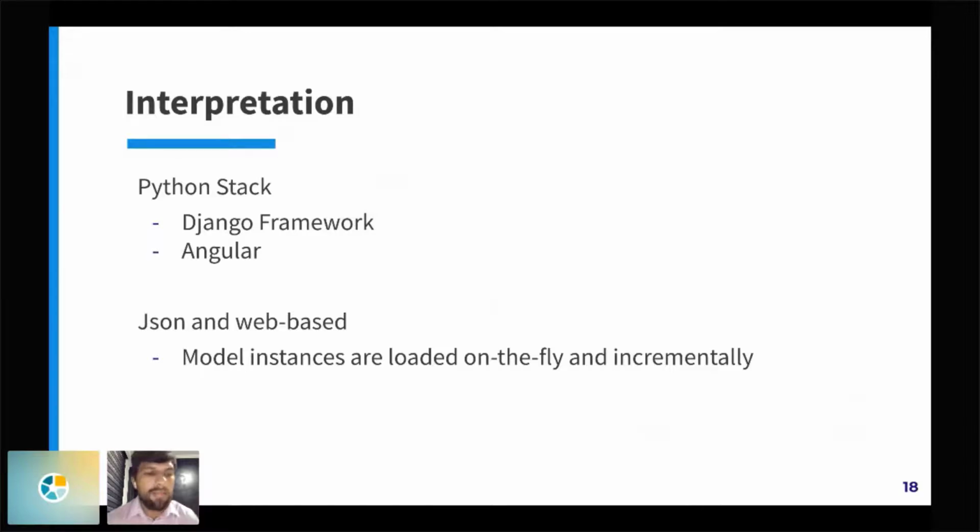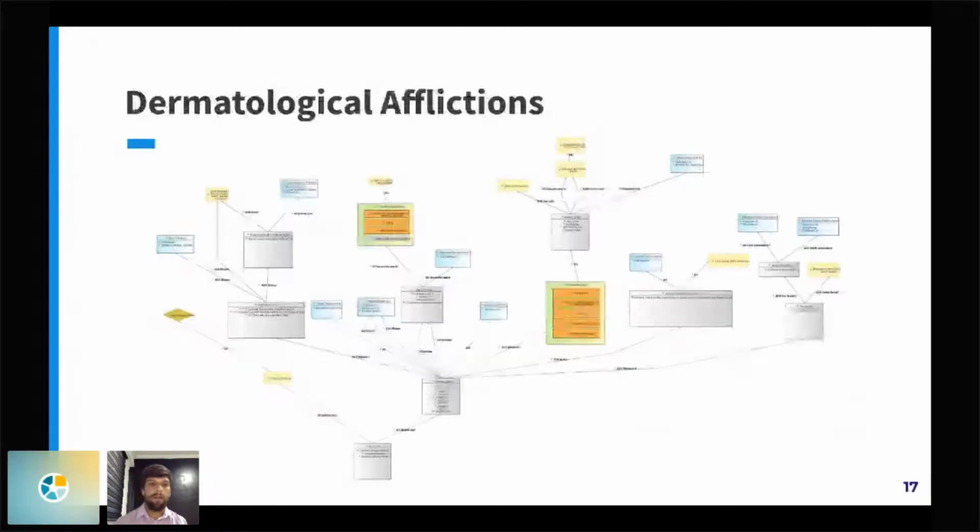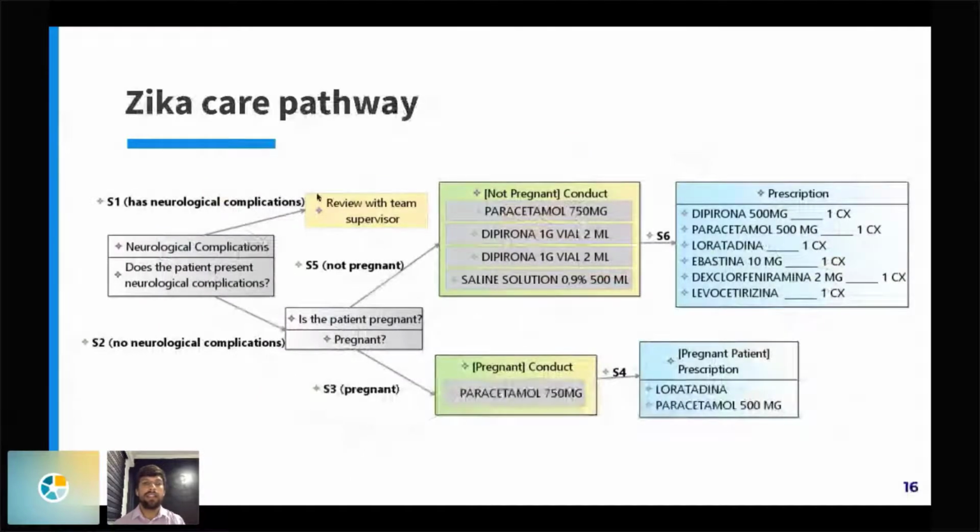Why did we do this? Because the models were getting really big, and we wanted to make it dynamic, such that each of these tasks is actually a web screen, a screen in the doctor's system. So we didn't want to load everything from the model.